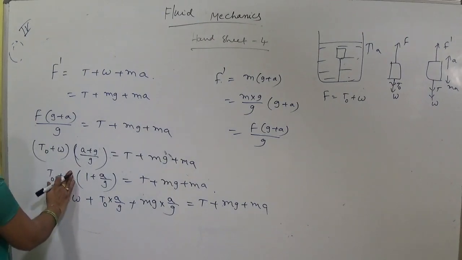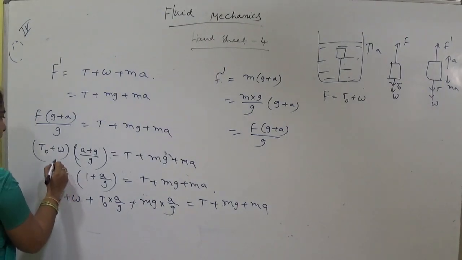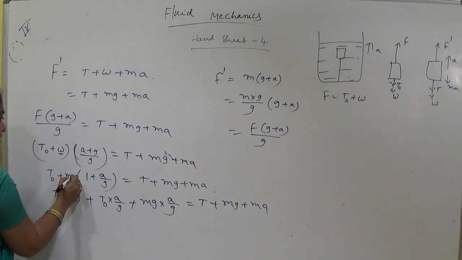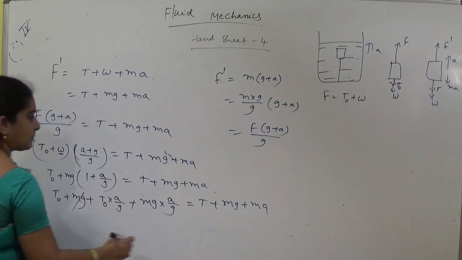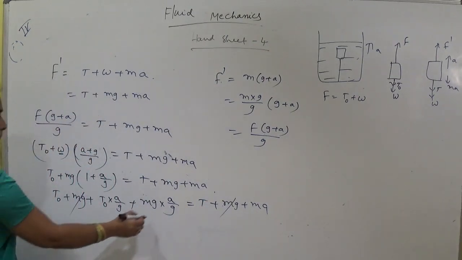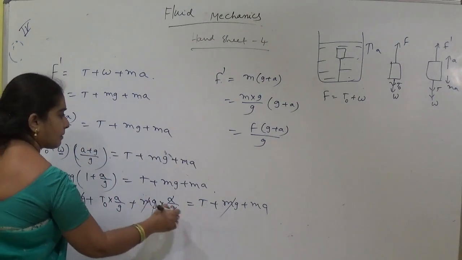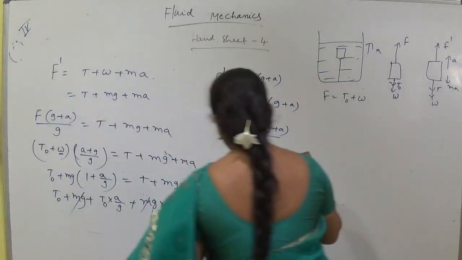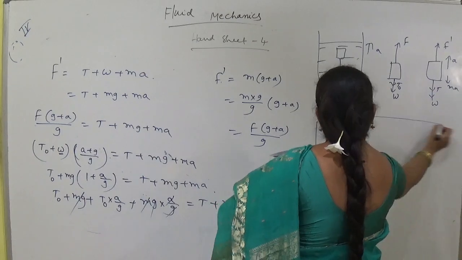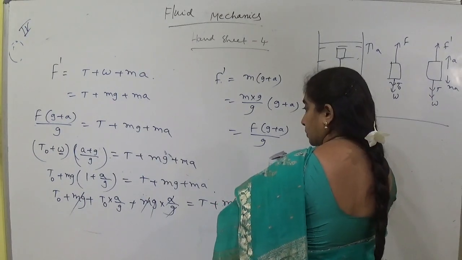W means mg. mg plus mg minus mg, plus ma minus ma cancel out.